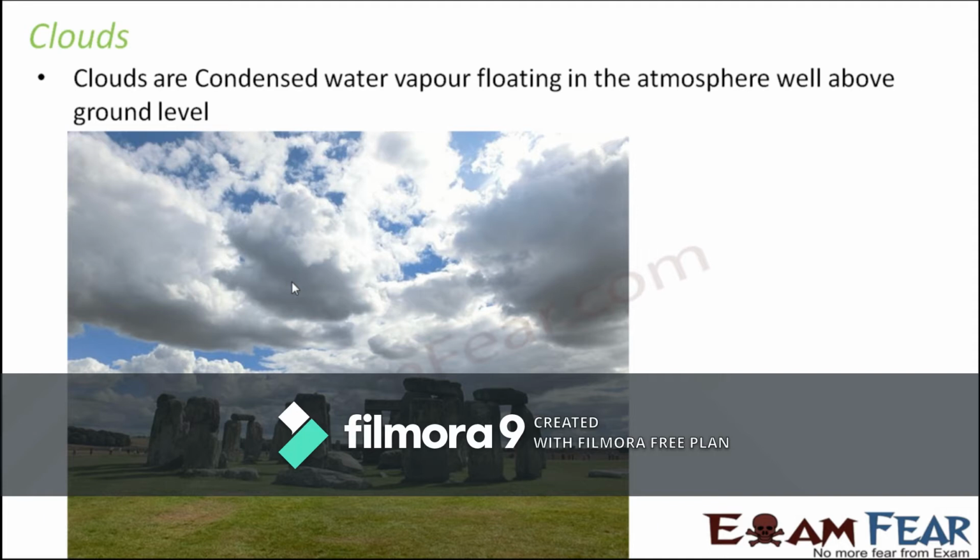And that is why the water vapor gets condensed to form what? To form clouds. So this cloud formation can take place only at higher heights, because only at higher heights the temperature is sufficiently low. So that's the reason we see clouds only well above the ground level.